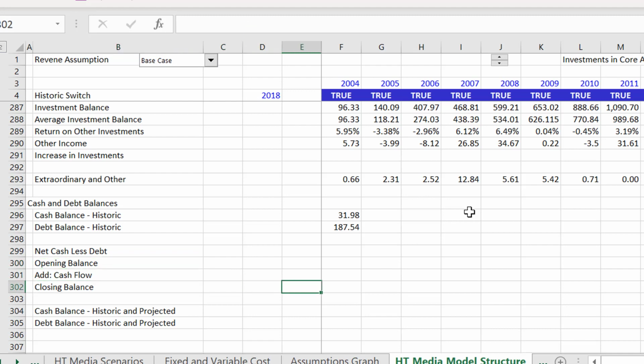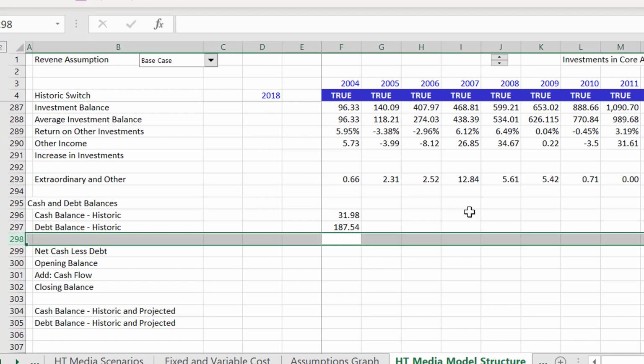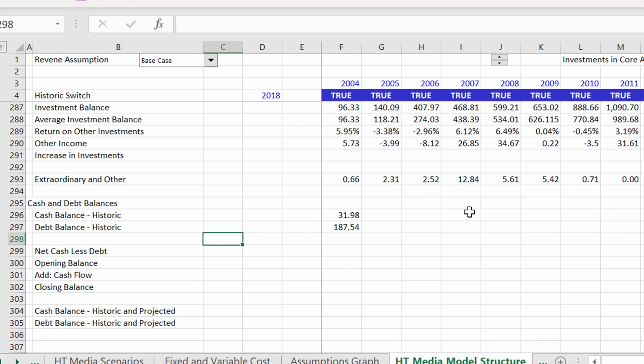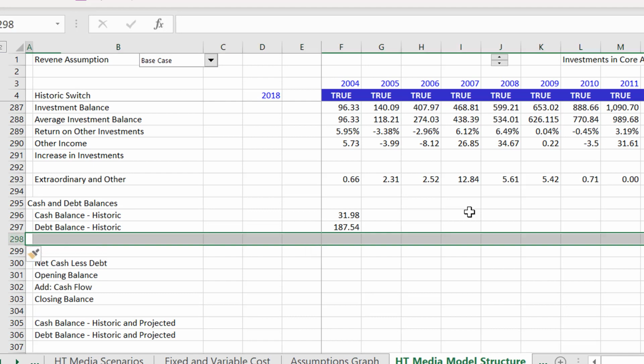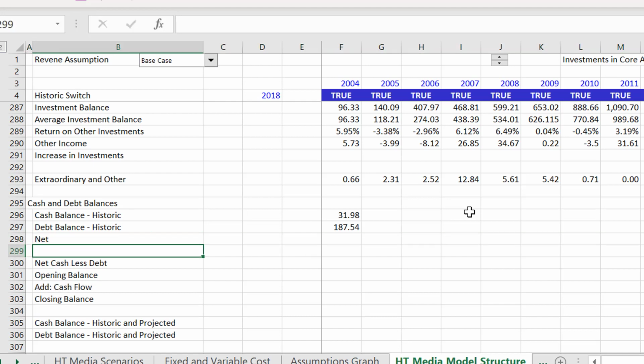The closing balance will be the net amount in the historic period. Okay. And in the very first period, we have cash minus debt. So we have a negative amount, which means we have more debt than cash. Duh. And then that's the amount we'll put in.